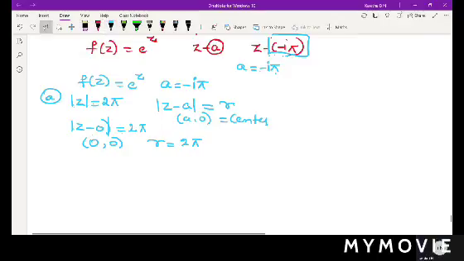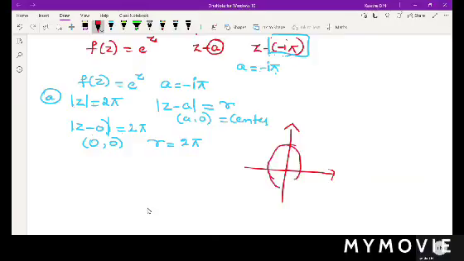Now construct the circle. The radius is 2 pi, so the points on the axes are 2 pi comma 0, 0 comma 2 pi, minus 2 pi comma 0, and 0 comma minus 2 pi.